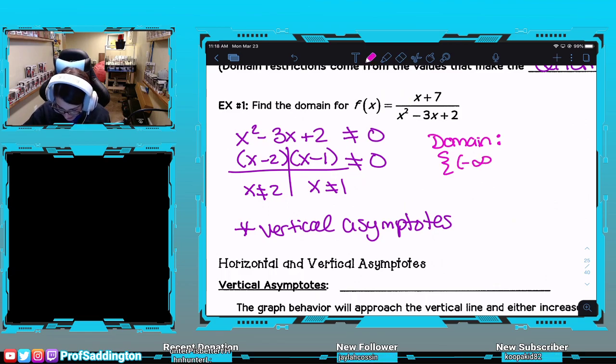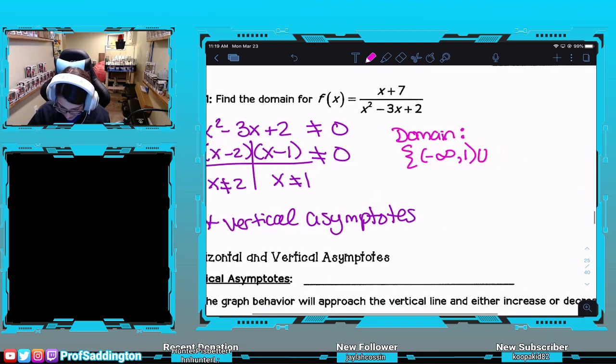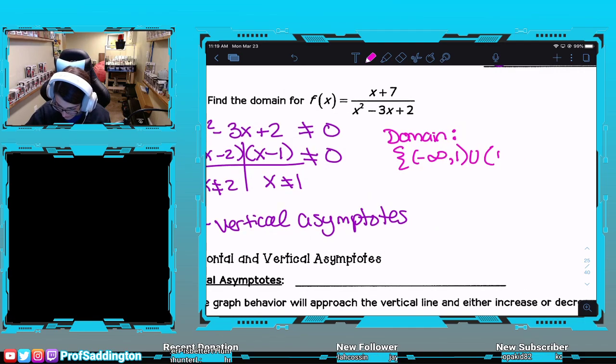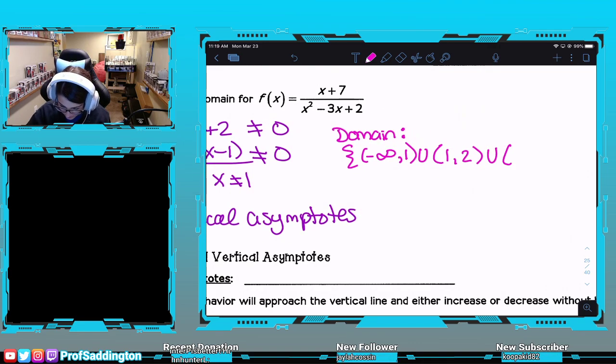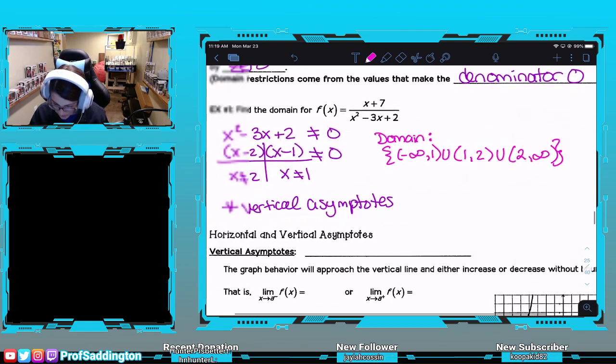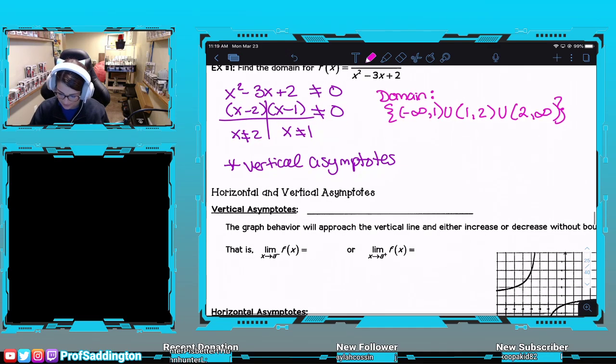We have from negative infinity to 1, not inclusive, unioned with from 1 to 2, non-inclusive, and unioned with 2 to infinity, again non-inclusive. We can't include those 2 and 1 because those are our vertical asymptotes. We're not allowed to touch those points because we will get an undefined denominator. Okay.